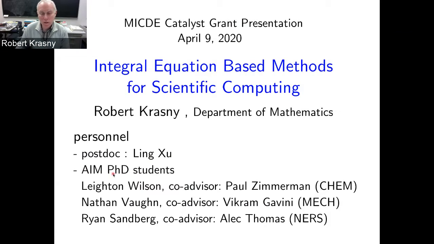It requires 2 co-advisors, one in math, one in a partner discipline. Leighton Wilson is co-advised by Paul Zimmerman in chemistry. Nathan Vaughn is co-supervised by Vikram Gavini in mechanical engineering. Brian Sandberg is co-advised by Alec Thomas in nuclear engineering radiological sciences.